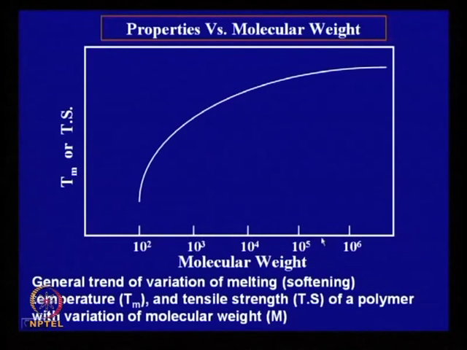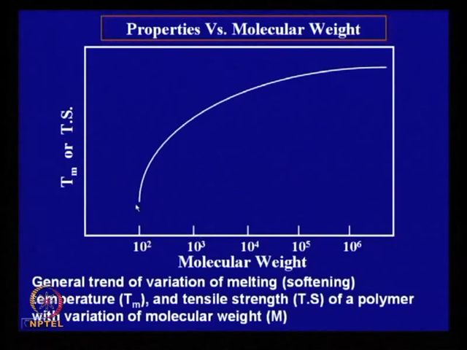This axis shows the increase of molecular weight, which increases in this direction, and this axis shows properties. Properties may be thermal properties, mechanical properties or other properties. Now, this kind of curve shows the variation of these properties with molecular weight.